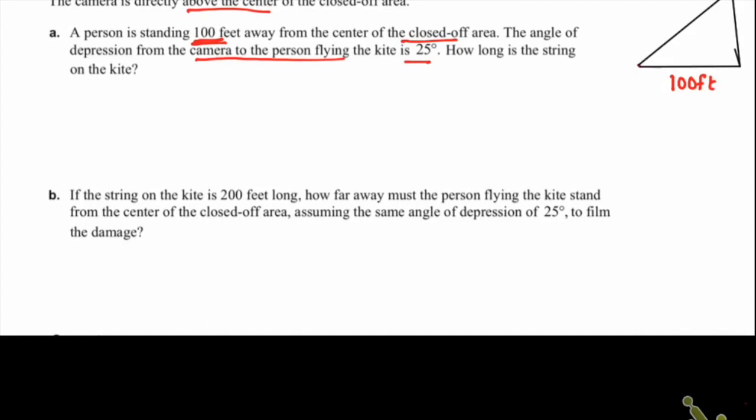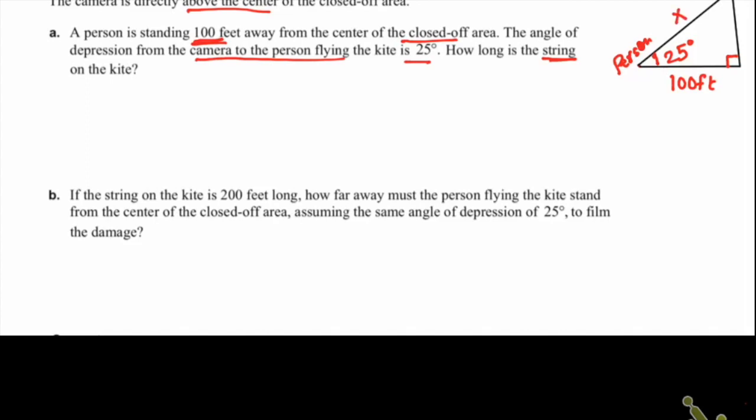It may not be the best 90 degree angle, but I hope you won't mind. That's 90 degrees, and the kite is here, and this is the person. What we have to do is find this angle, they tell you that this angle is 25 degrees, and you have to find how long the string of the kite is.